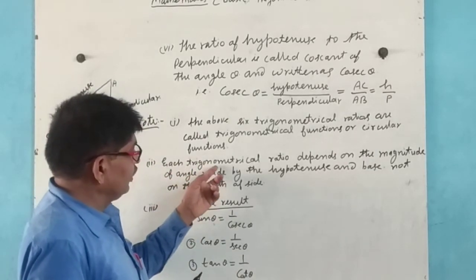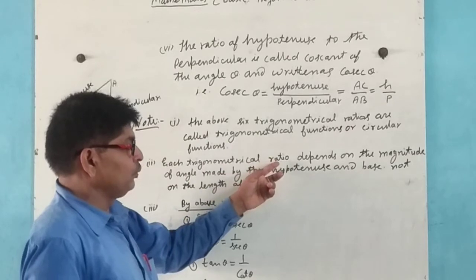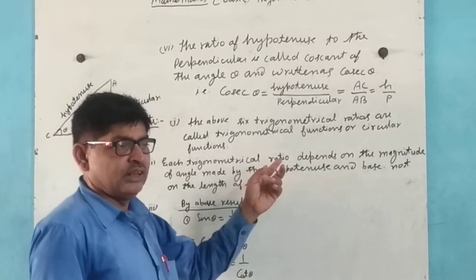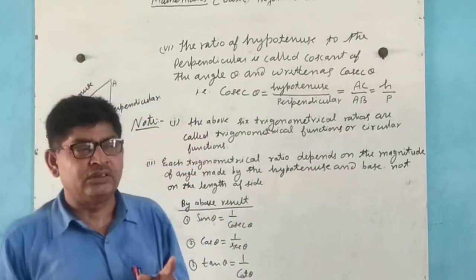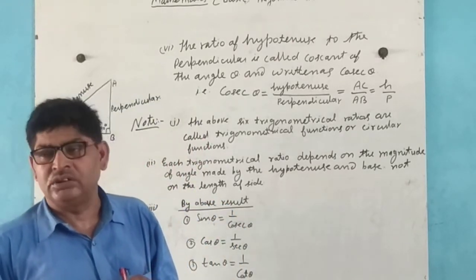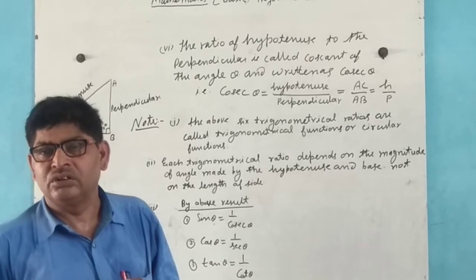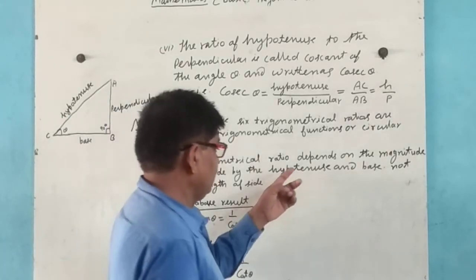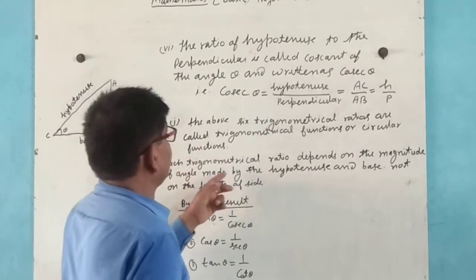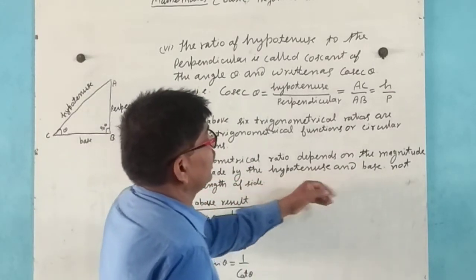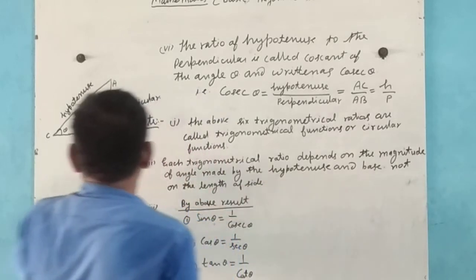Each trigonometrical ratio depends on the magnitude of the angle made by the hypotenuse and base.